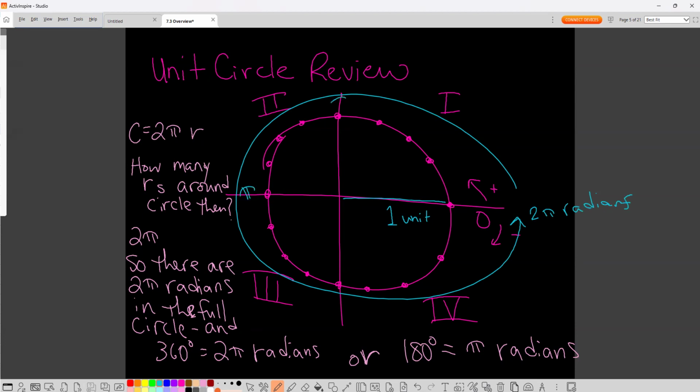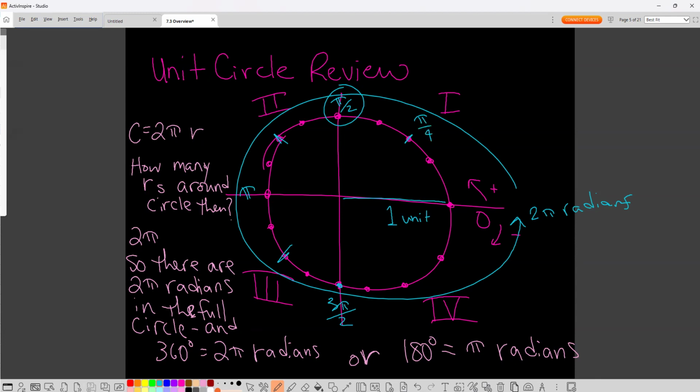And if you cut that in half, we're going to have a half of a radian, or most commonly written as pi over 2. If you come down here to 270 degrees, you've got 3 pi over 2. And then you split each of these in quarters, like this pi over 2 up to here is cut in half. So half of a pi over 2 is a pi over 4.